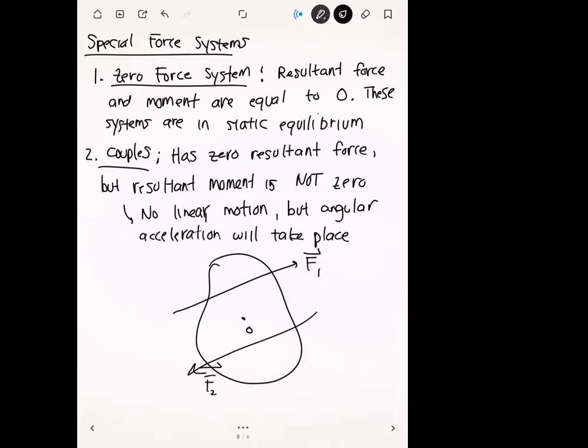Because F1 and F2 have the same magnitude but face in different directions, this avocado is just not going to move. But because the moments are not equal and opposite here, in fact, both of these are going to cause the avocado to rotate in the clockwise direction. This avocado is going to start to spin. It would be the same thing as if you took an avocado and just spun it on your countertop.